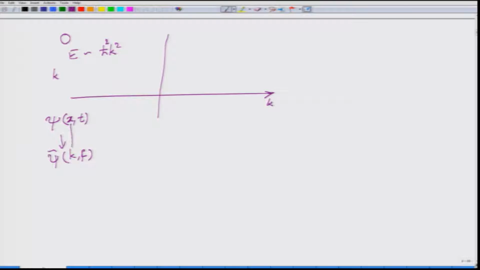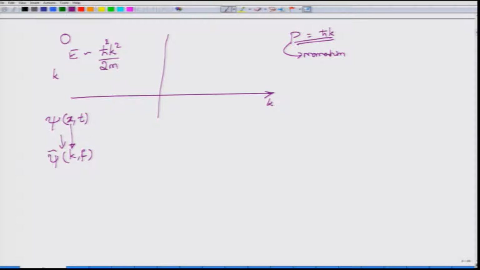Okay. So, this is the k that I am talking about, and it turns out that momentum p is related to the k vector by this relationship. P is the momentum and energy is basically p square divided by 2m, right. Therefore, this energy becomes h bar square k square divided by 2m.